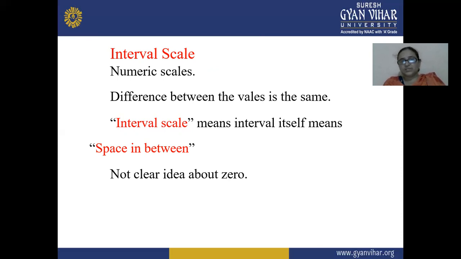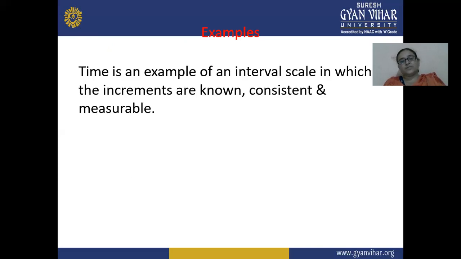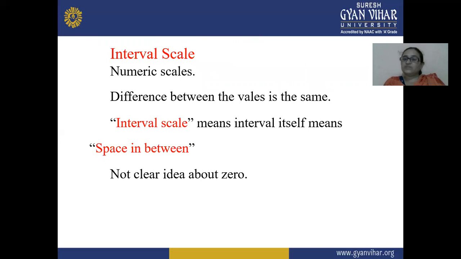Now we will discuss an example of interval scale. Time is the example of interval scale, in which increments are constant and measurable. Time is a good example of measurement.